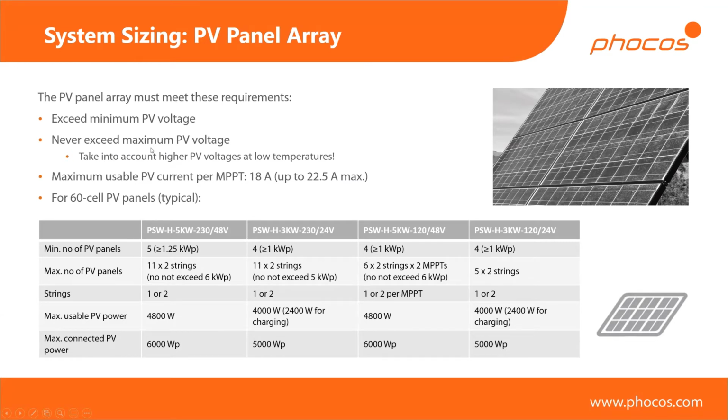Obviously, that's why it's a maximum. As long as you stay between those voltages, and you don't have more than 18 amps on the PV side, which you certainly won't with a single string, and with 2 strings you're going to be roughly around 18 amps, then you're fine. Even if you're above that, it's okay. We can just use 18 amps as a maximum.